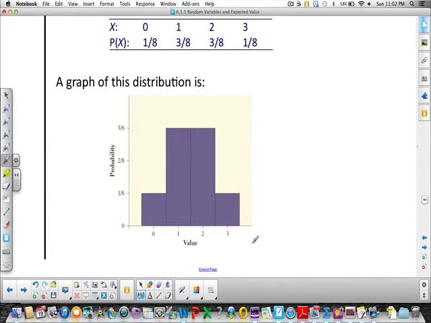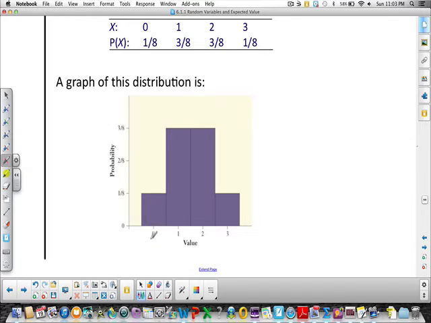And here's a graph of this distribution. You'll notice that it looks an awful lot like a histogram. The only difference here is because my random variable is discrete, which means it only takes on specific values. It's not continuous. It can't take on any value between 0 and 1. It can only take on the value of 0 or the value of 1 or the value of 2 and nothing in between.